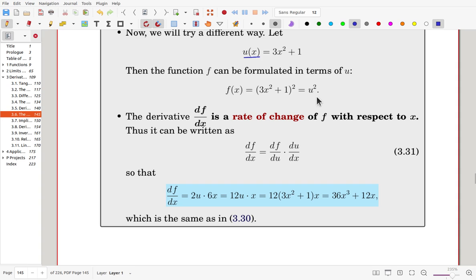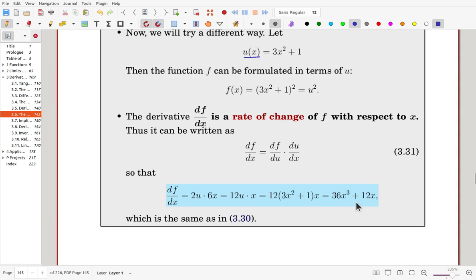Here f is u squared, and differentiation with respect to u is simply the power rule. That is 2u. And now u itself with respect to x will be 6x. Now u is this term, so we replace it, and that's 12ux, and u is replaced by the original quantity here.